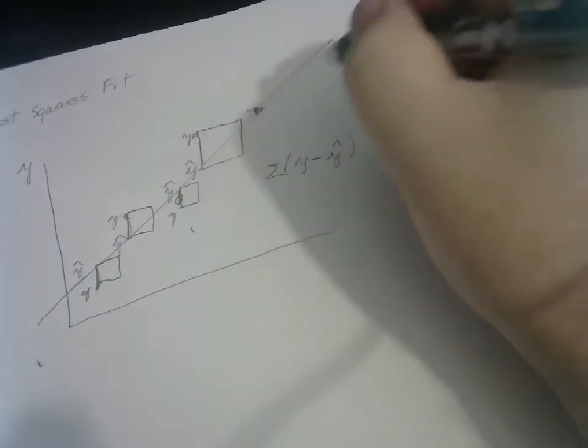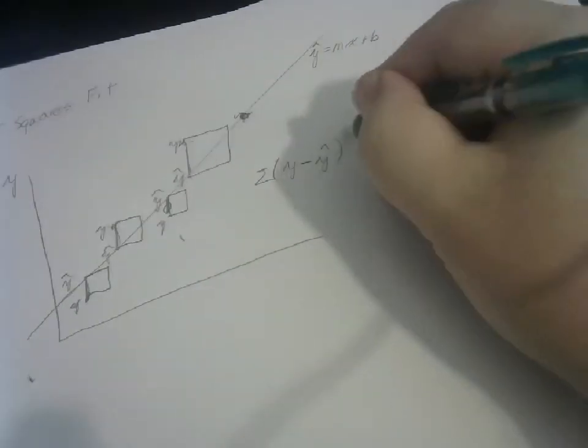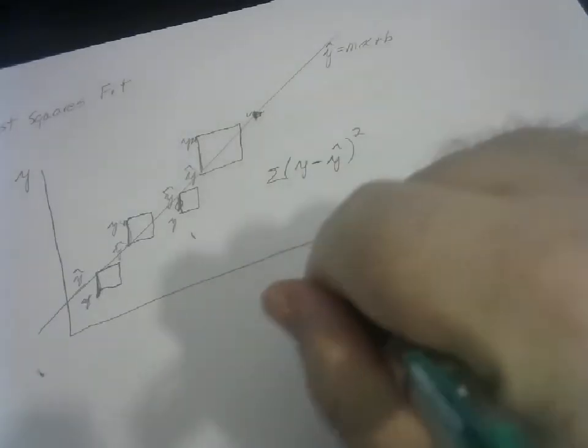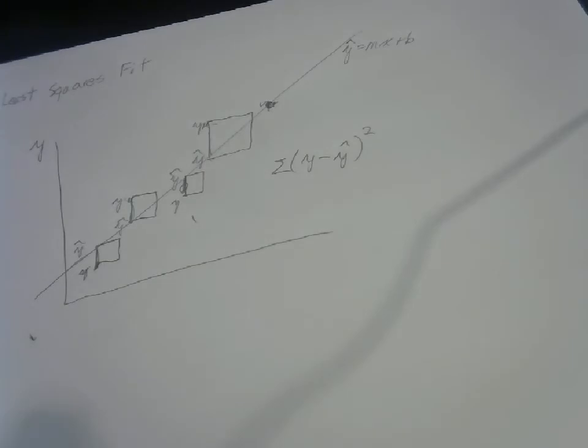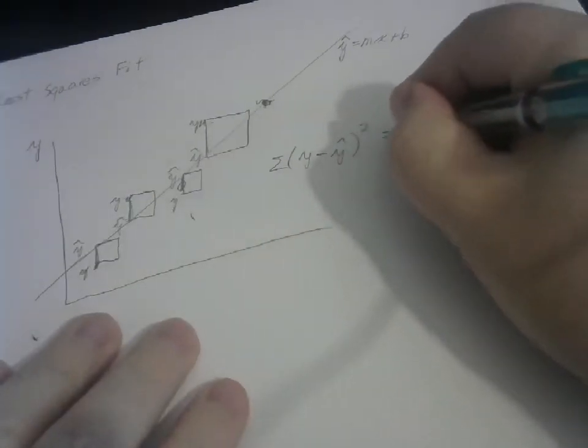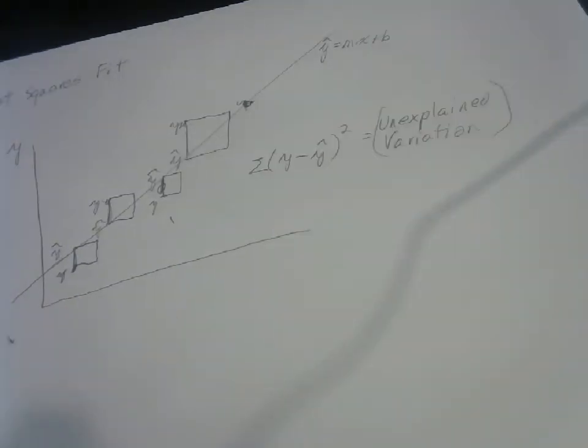Here, the measured y and predicted y are about the same. So the total area of all of those squares is the sum of y minus y hat squared. That is going to be called the unexplained variation.